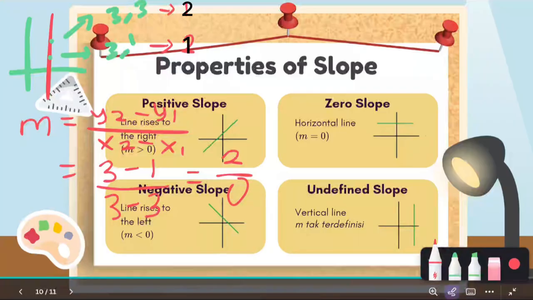And we know division by 0 is undefined. So, therefore, the slope of a vertical line is undefined.